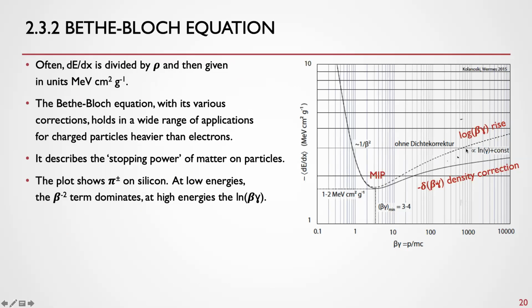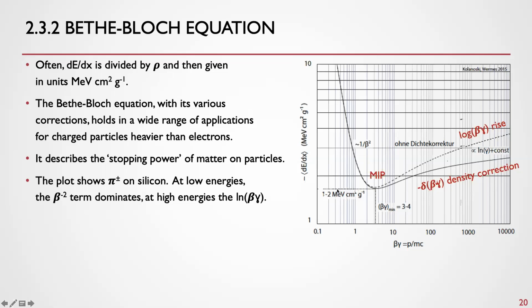It's also material dependent. But I want to tell you that it is necessary to include it. However, the main features remain. Per gram per cubic centimeter, we use 1 to 2 MeV per centimeter.